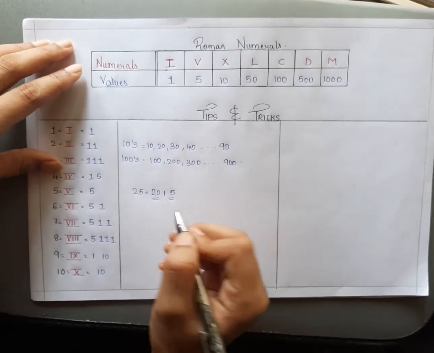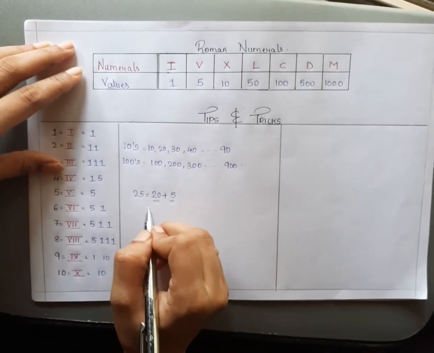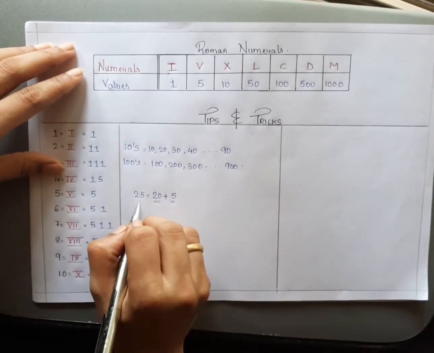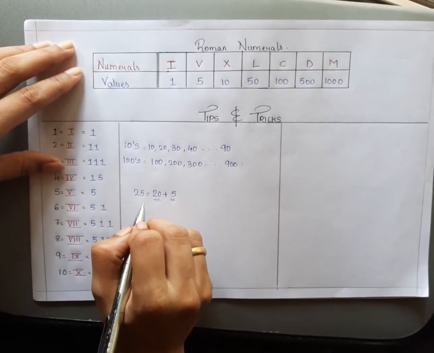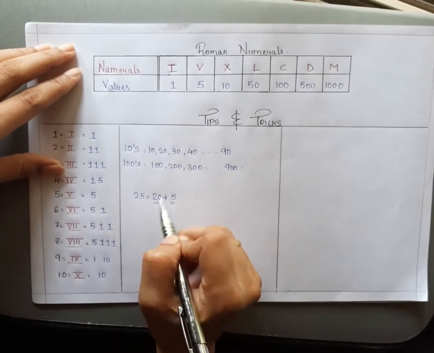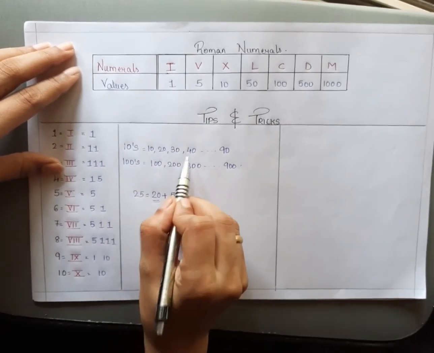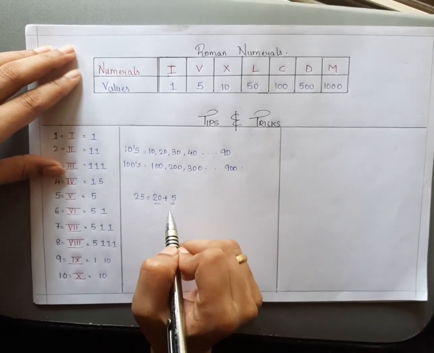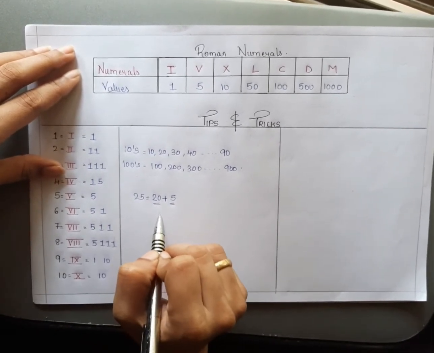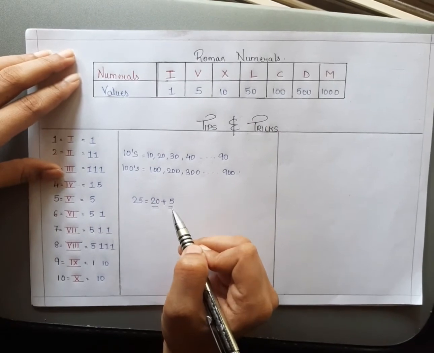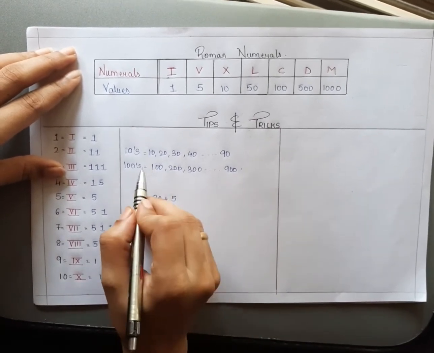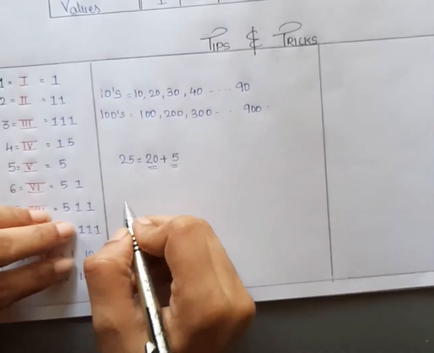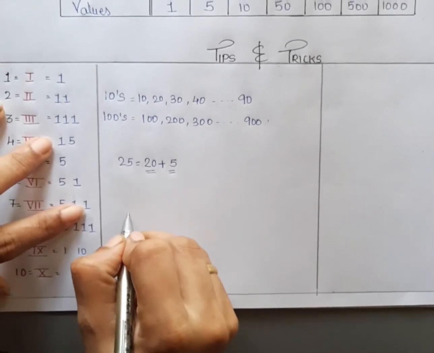Always remember, whenever you are supposed to find the Roman numeral of any number, you will have to find the Roman numeral of any tens or hundreds, because you are supposed to find the expanded form of it and then convert it into Roman numerals. So here is the trick. I'll take 20.